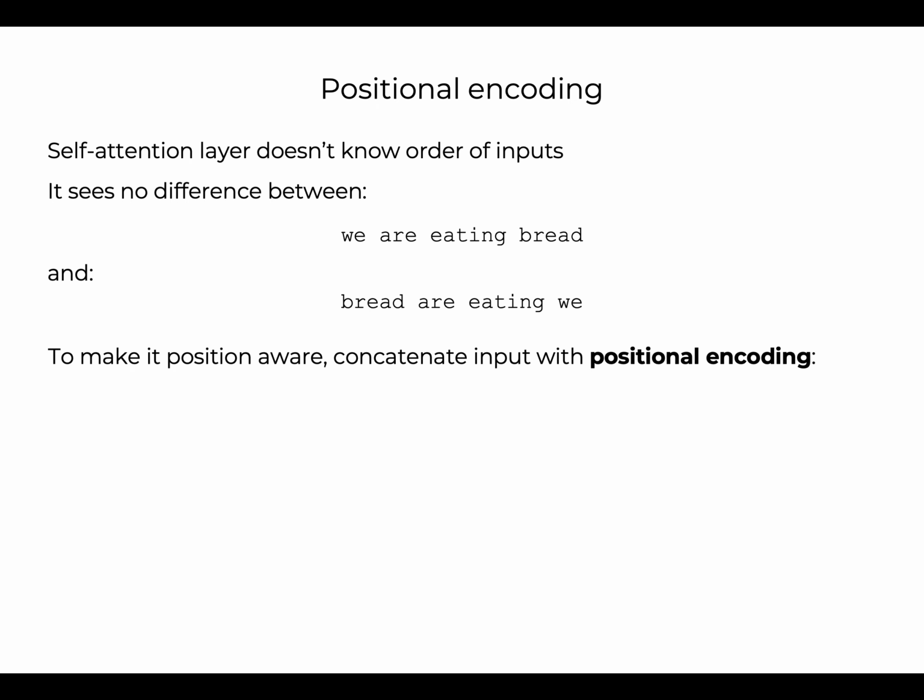So what we do is we concatenate each of the input vectors with something called a positional encoding. So if x1 is going to be my first input and we would like the self-attention layer to know that it's the first input, then we're going to take the value 1, because this is my first input, pass it through this positional encoding function gamma, and then whatever vector this returns, we're just going to tack it on the end of x1, and that becomes the x1 we actually feed to the self-attention layer.